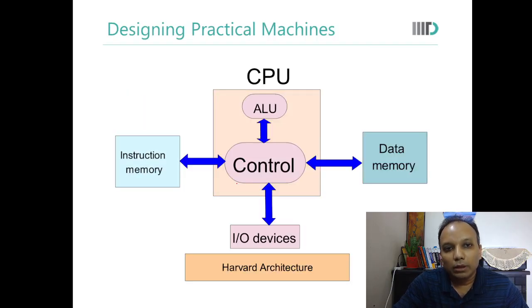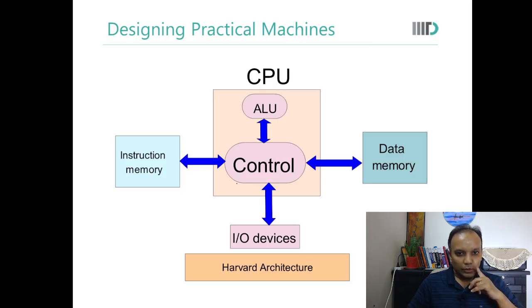Now let us look at how a practical computer looks like. So, a practical computer will have all these components which we have already discussed. So, you have an ALU, so you have this CPU, and now the memory can be divided into two parts.